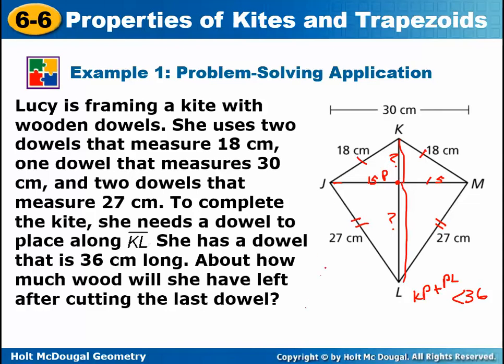We have a right triangle, this triangle right here, that is 18 inches along here and 15 along here. And we need to know what is one leg, I'll call that A, of this right triangle.